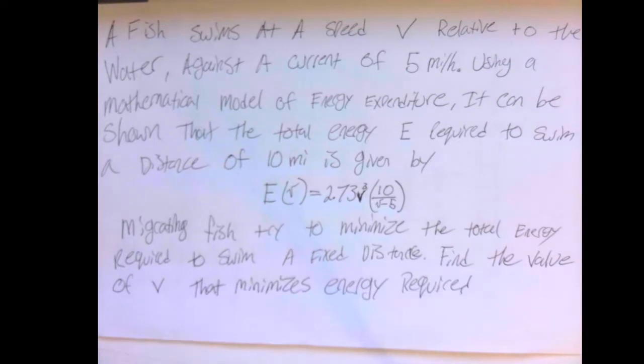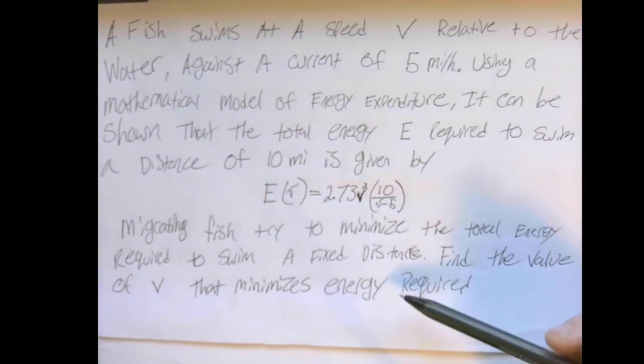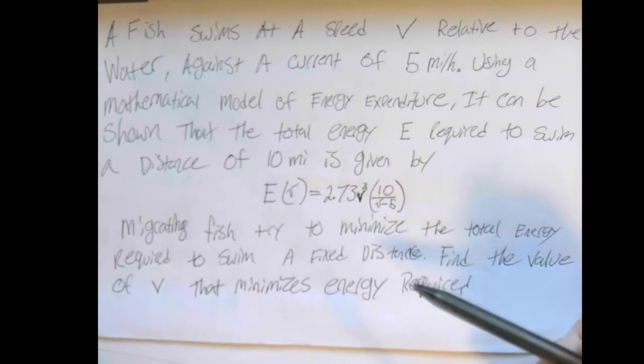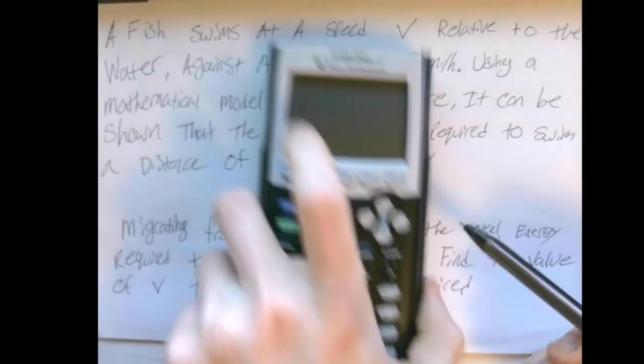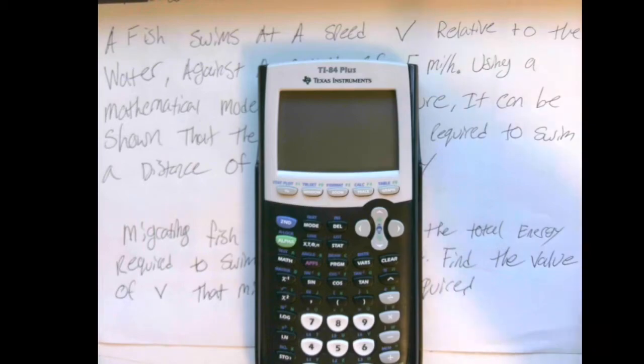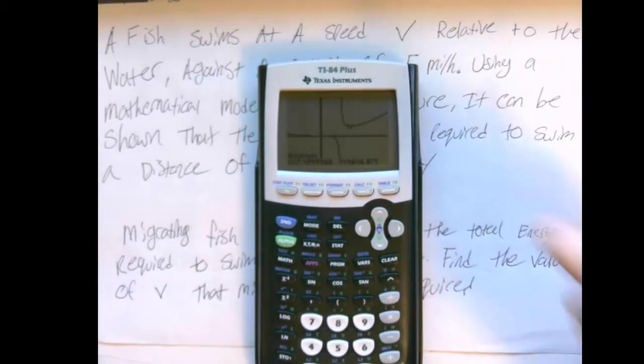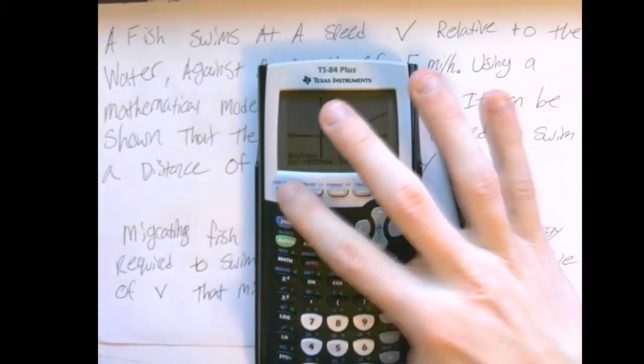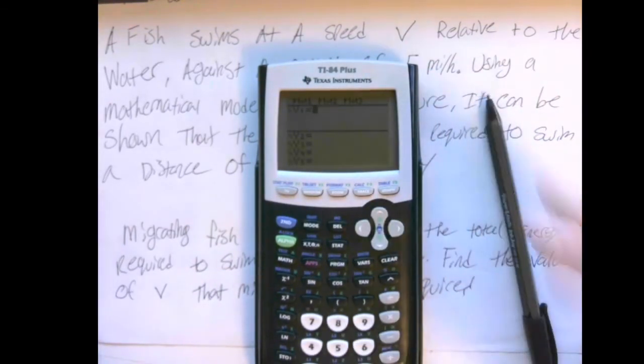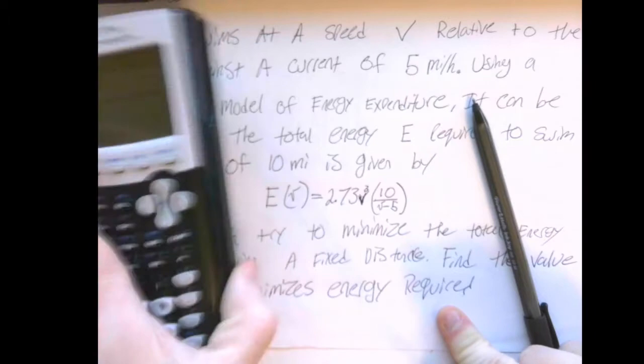Alright, so what we're trying to find is our value v that minimizes the energy that it takes to swim a distance. So we take our TI-84 or 83 or whatever you have, as long as it's a graphing calculator, and you type in your function.